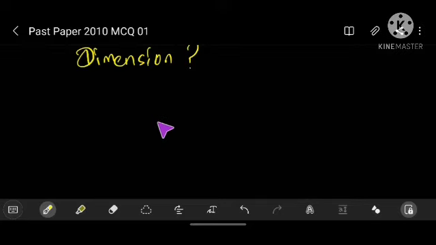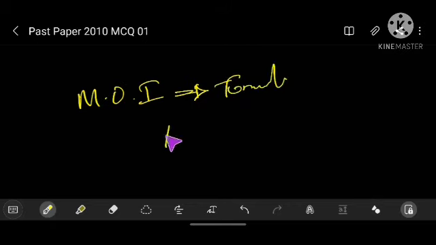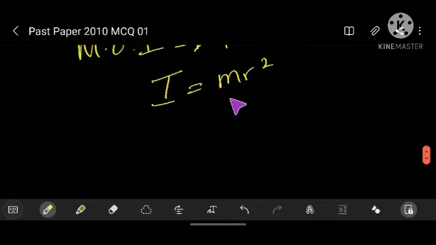Let's go to the question. In this question they are talking about moment of inertia. So we have to know the formula of the moment of inertia. What is the formula of moment of inertia? That is I equals m r squared.